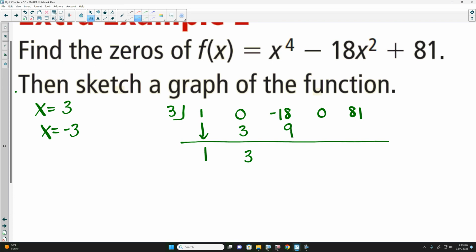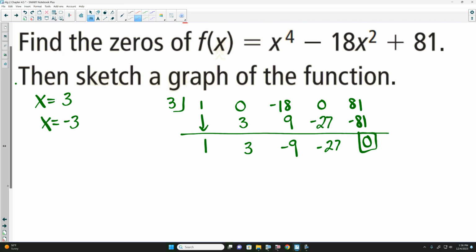Negative 18 plus 9 is negative 9. 3 times negative 9 is negative 27. 0 plus negative 27 is negative 27. Negative 27 times 3 is negative 81. And 81 plus negative 81 is 0. Is that what we expected to get for the remainder?